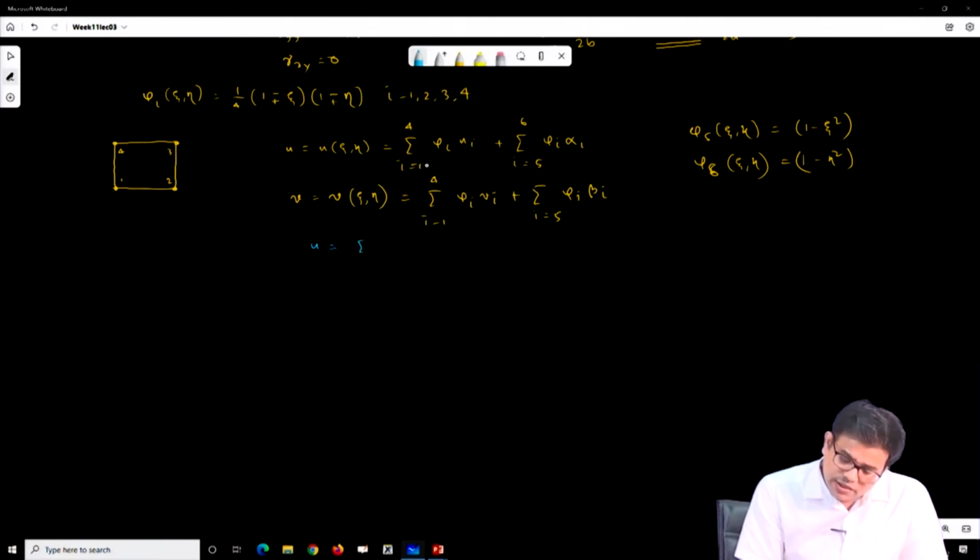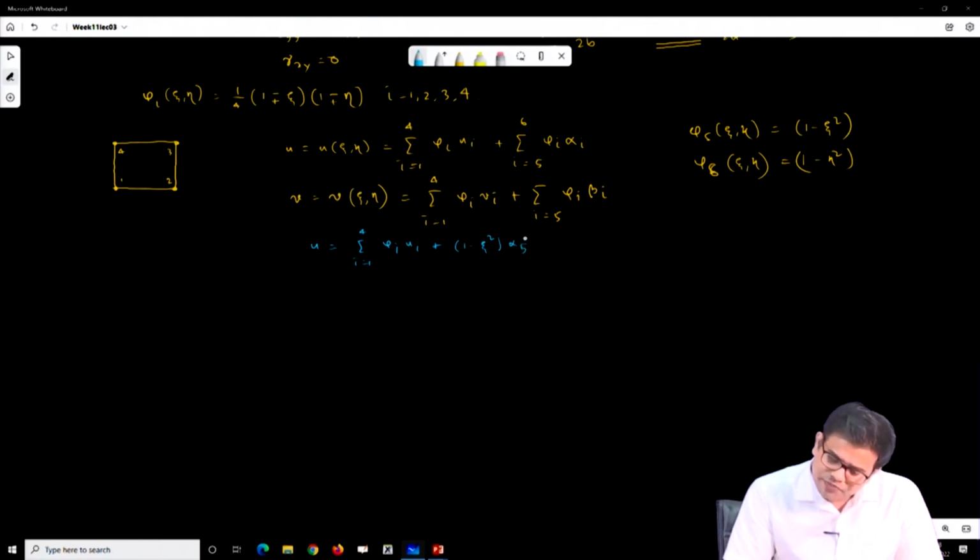The first term, let us keep it simple: summation of phi I ui plus, if I expand this, 1 minus xi square alpha 5 plus 1 minus eta square alpha 6.